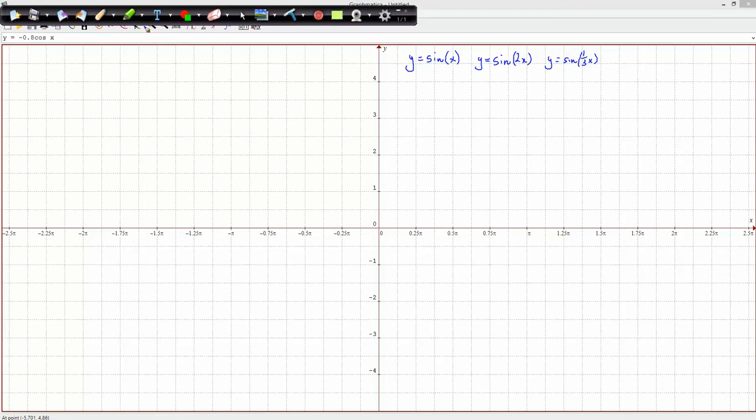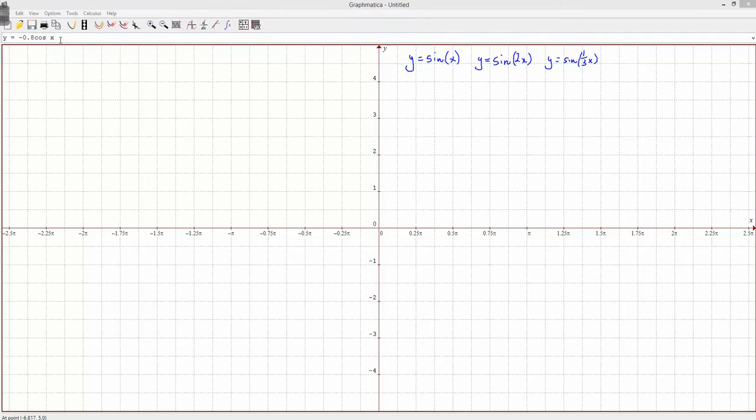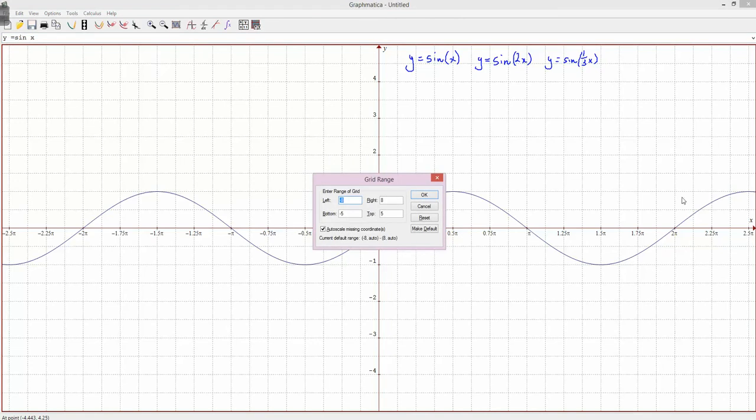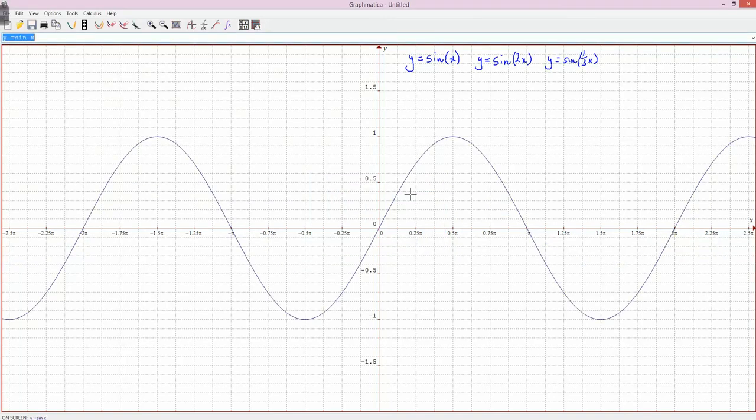So I'm going to graph all three of these, but let's start with just y equals sine x. Because I'm not changing the amplitude, I'll just change the y-axis to say something like -2 to +2, so it's a bit easier to see.